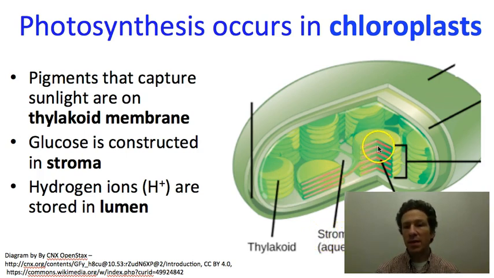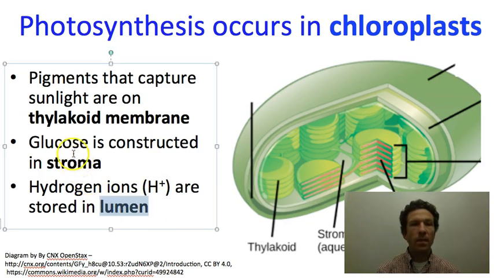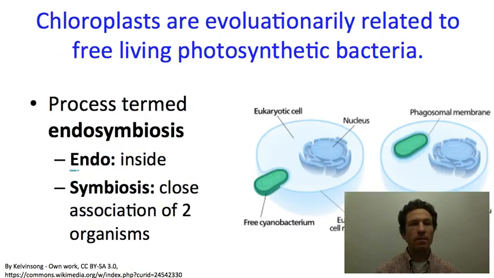And then there's a space inside the thylakoids that's largely an empty space, but it's going to be important for storing hydrogen ions. And that space is called the lumen. And I can rewrite, the word lumen is right here. So glucose will be made in the stroma. Hydrogen ions are stored in the lumen.